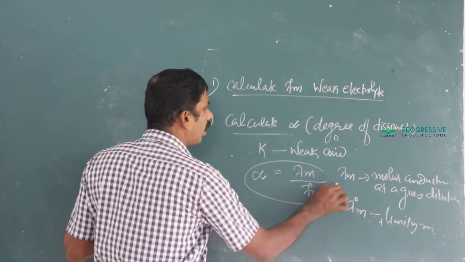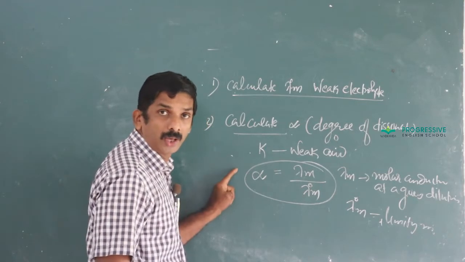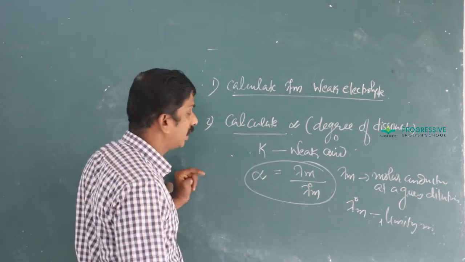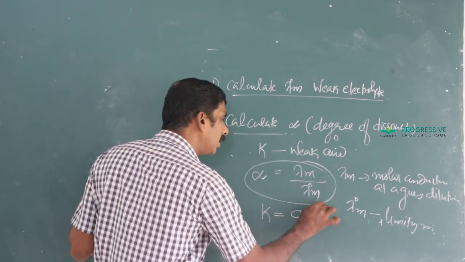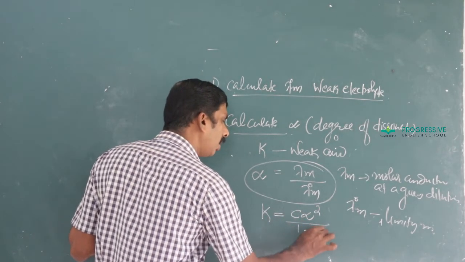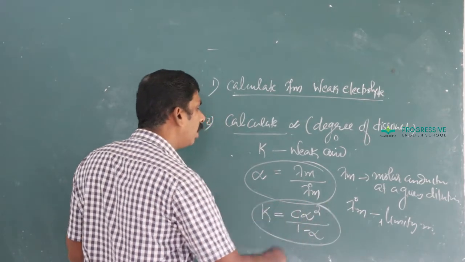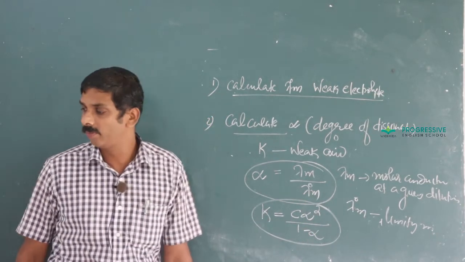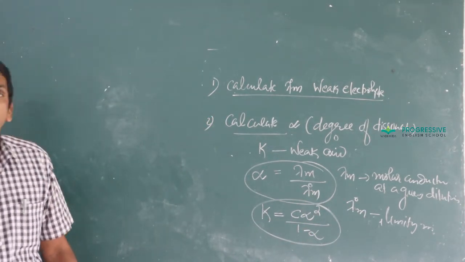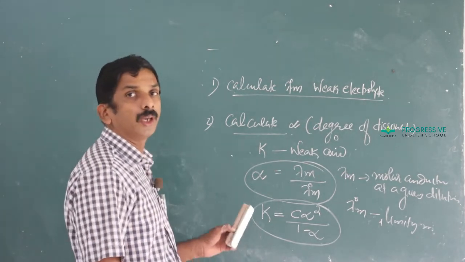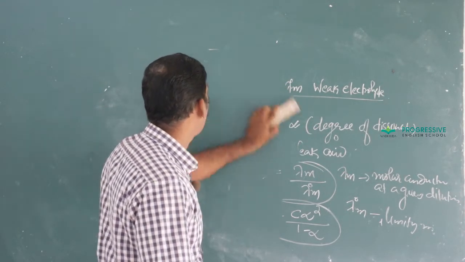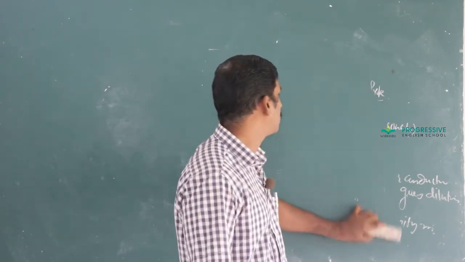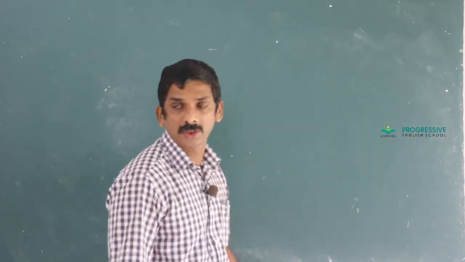And once you get the value of alpha, that is the degree of dissociation, you can calculate the dissociation constant as K equal to C alpha square divided by 1 minus alpha. These are the two major applications of Kohlrausch's law.